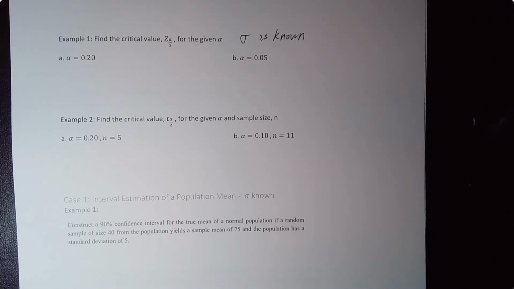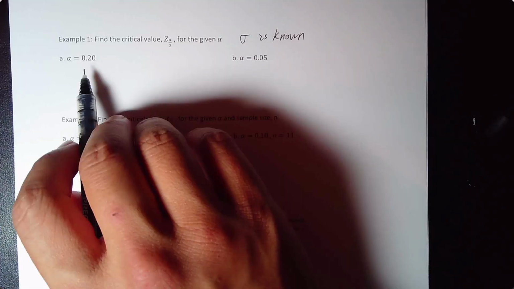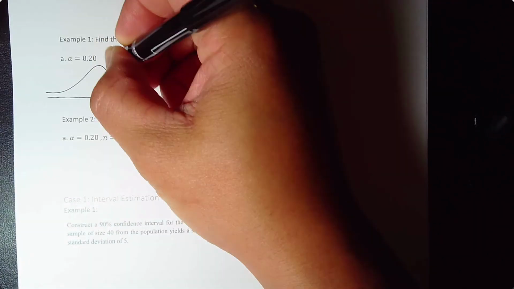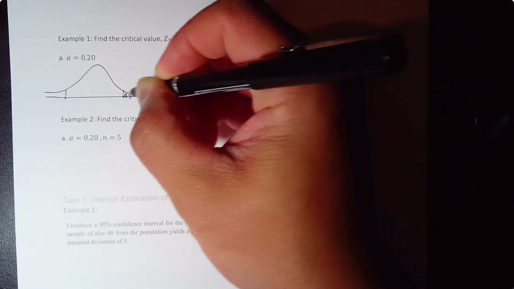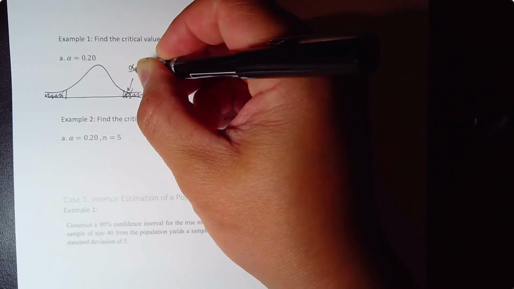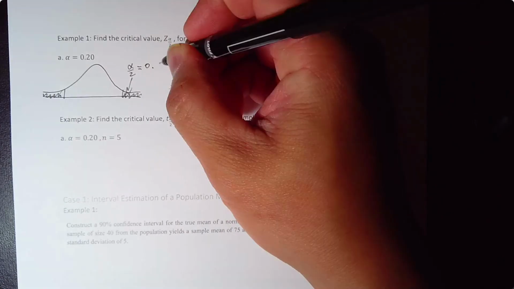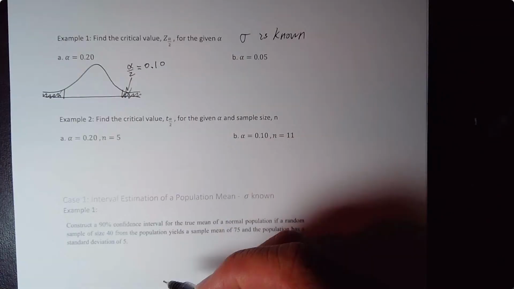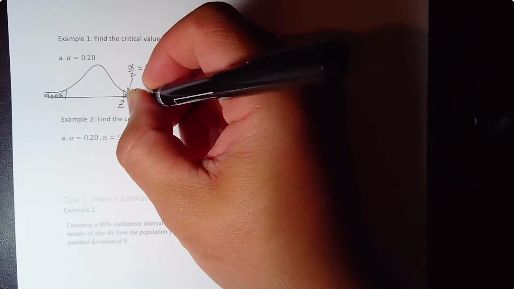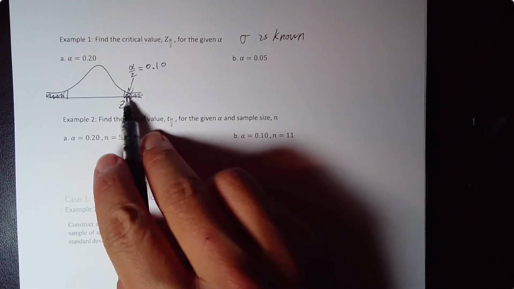So alpha equals 0.2. That means we split up alpha. Alpha is always in terms of area. So alpha half is going to equal 0.2 divided by 2, which is 0.10. Our critical value is the number that will give us a tail of 0.10.